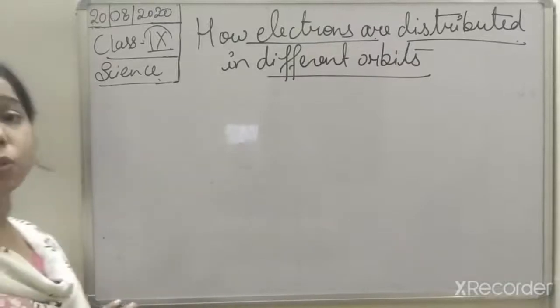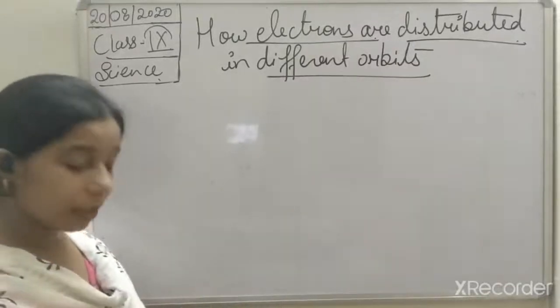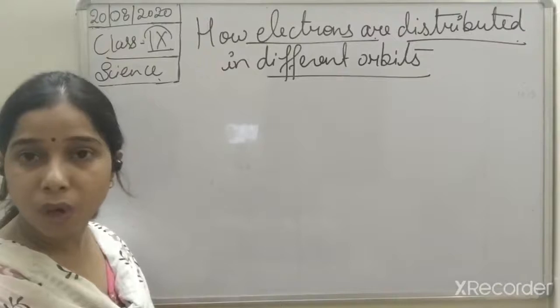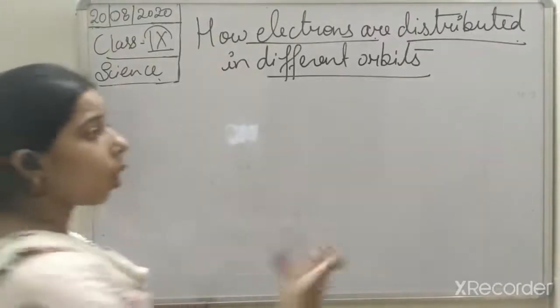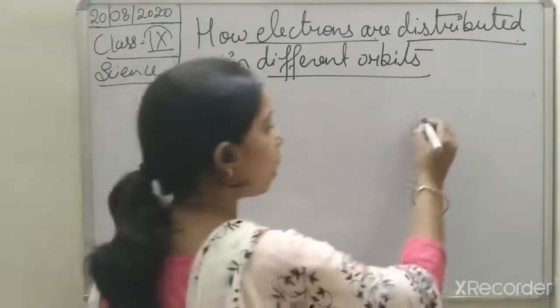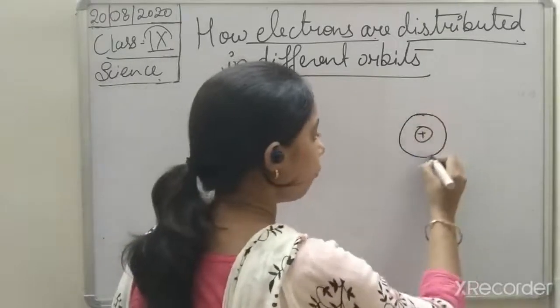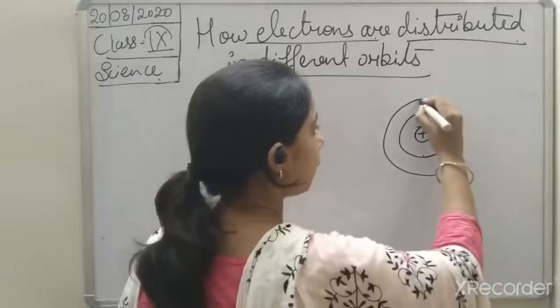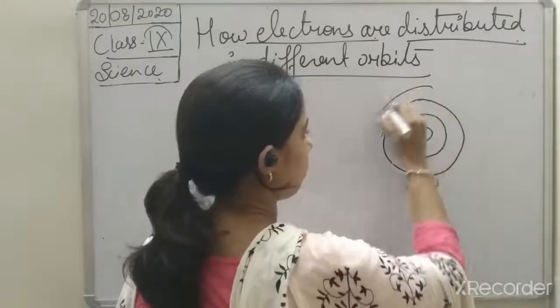So by this, students, we came to know that the electrons revolve around in orbits. Now in an orbit, students, if this is the positive nucleus, then in the orbit different electrons are present at different energy shells.